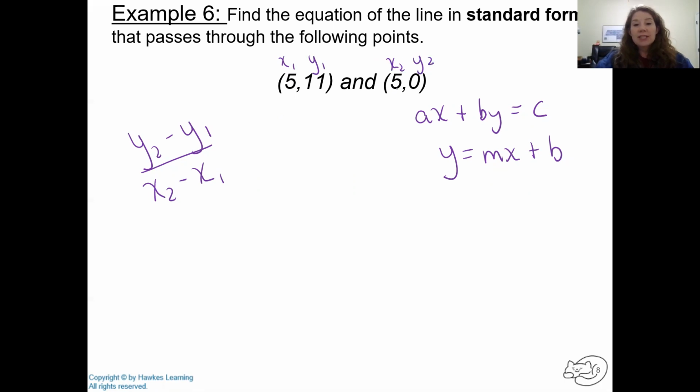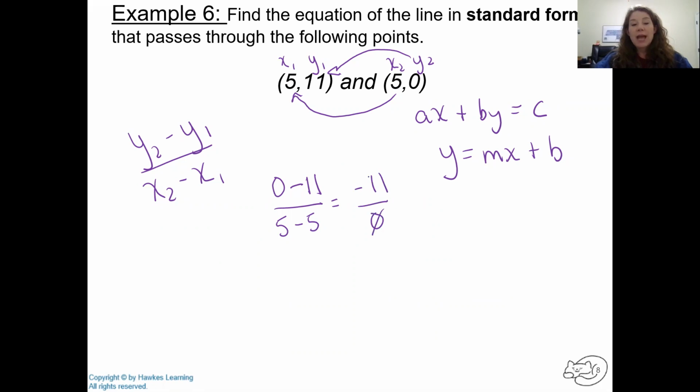We're going to take our second y, which is 0, and from it subtract our first y, so 11. And then we're going to take our second x, and from it, we're going to subtract our first x. So 0 minus 11 is negative 11. 5 minus 5 is 0.